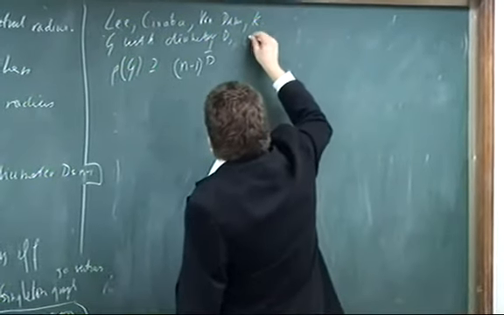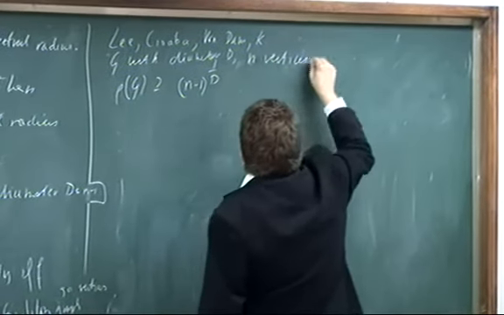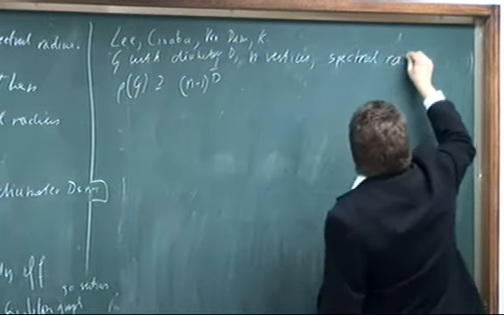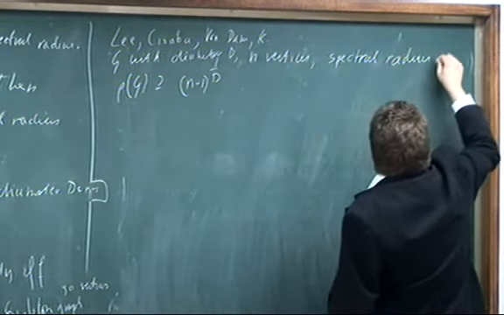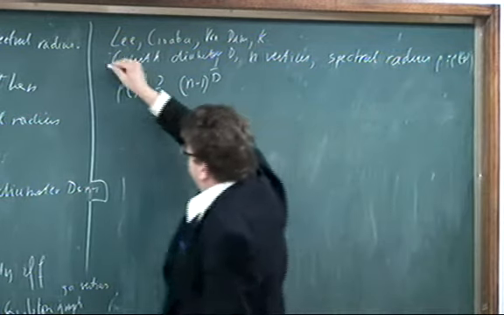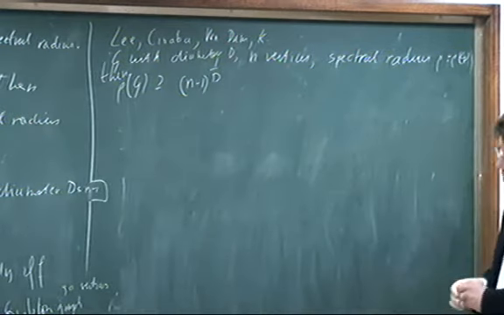Valency, n vertices, spectral radius. I'm sorry, rho is rho of G, then rho of G is at least (n minus 1) to the power 1 over d.